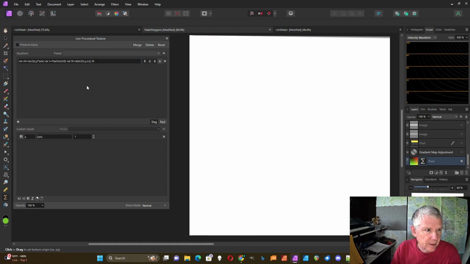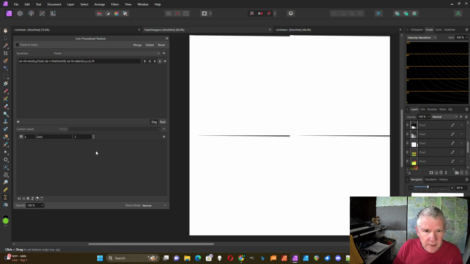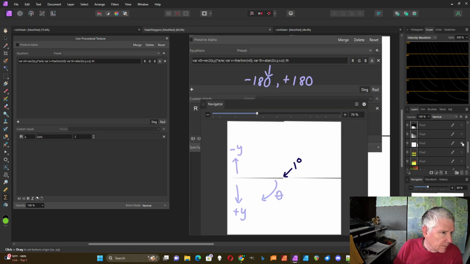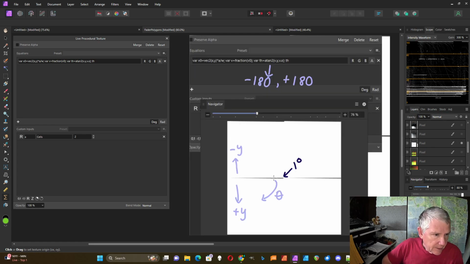Then I'm going to present theta to all 3 channels like that. It looks like it went all white at first, but if you look up here in the corner, you see there's a little bit of shadow. Also, I can increase the number of cells like this, and I see that this is 1 degree of arc right here. Remember, my y dimension increases this way, and it's minus y that way, and my angle theta is rotating this way.